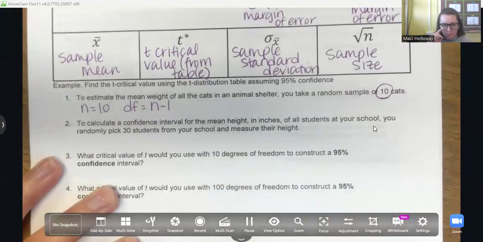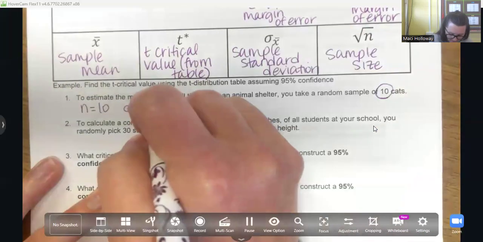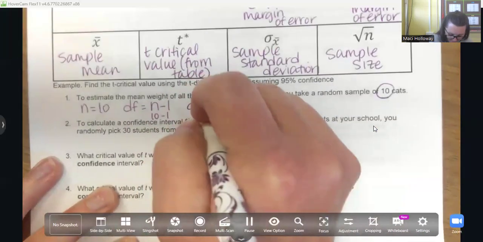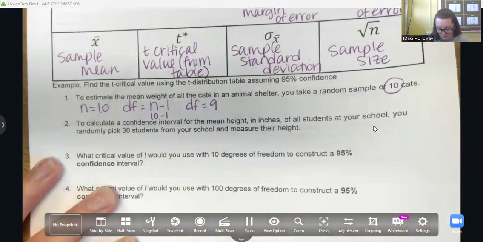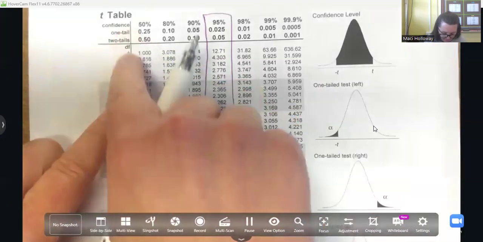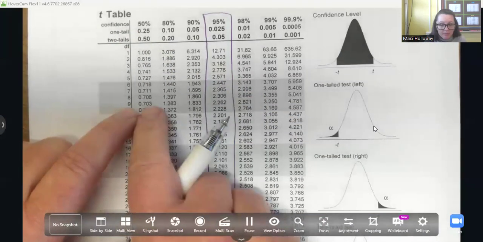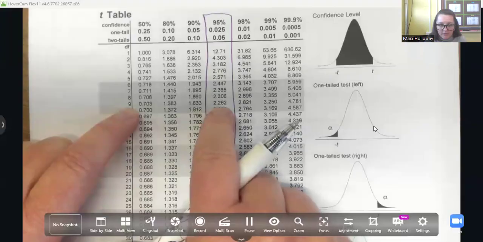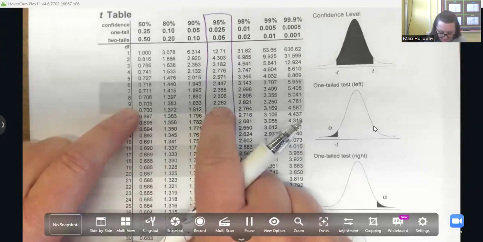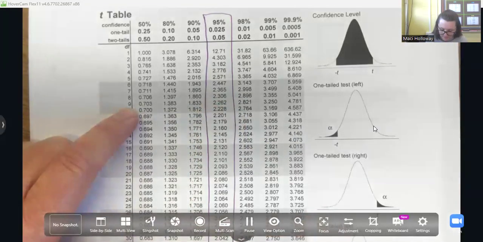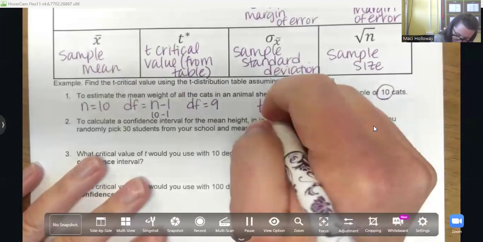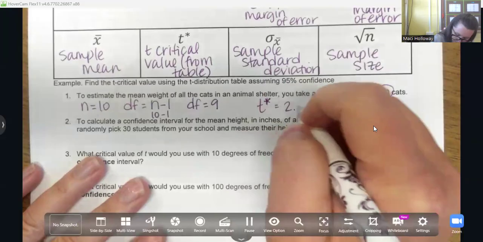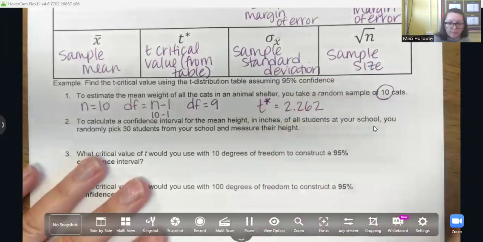So N minus 1, we'll plug in 10, so it's 10 minus 1, so our degrees of freedom equals 9. So this is the number that I'm using to look on my table. So I'm going to follow down for 9 degrees of freedom and follow over to my 95% confidence interval level, and it's 2.262. So my T critical value is 2.262.